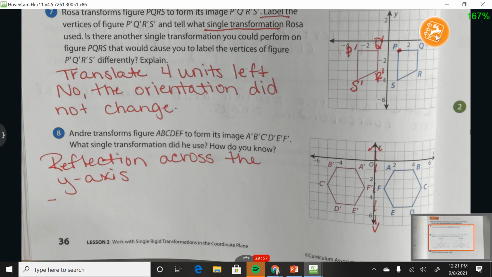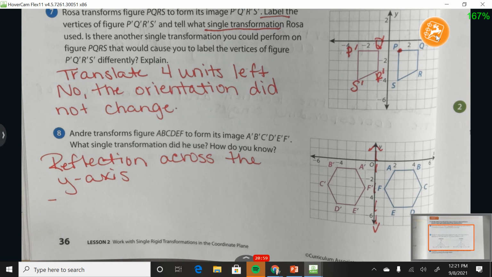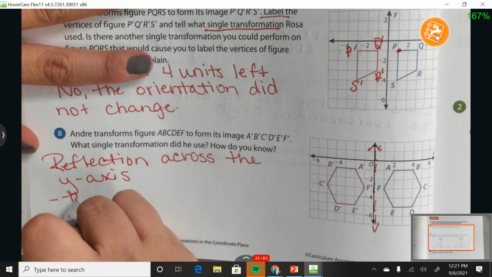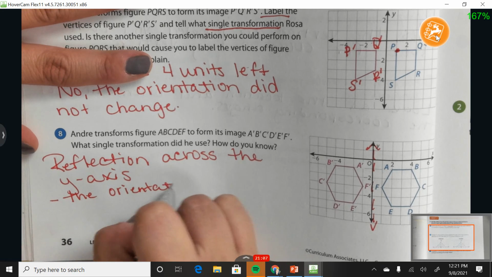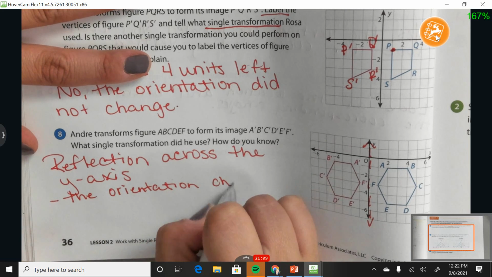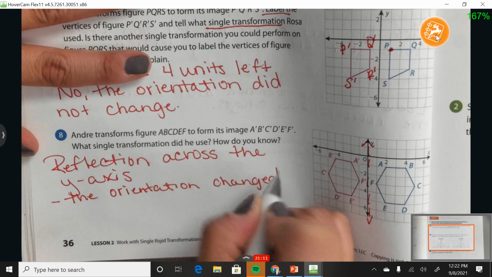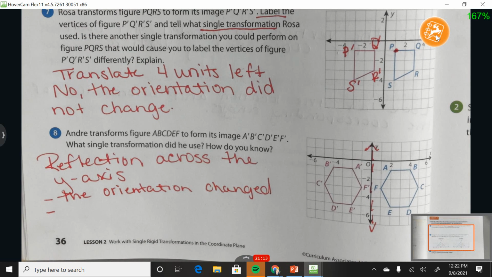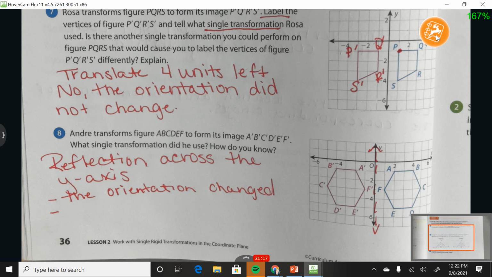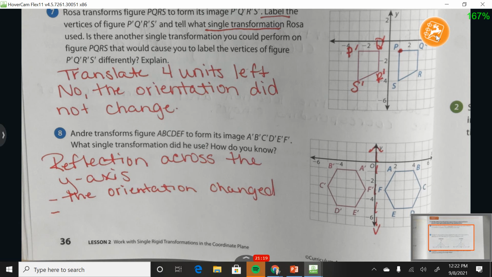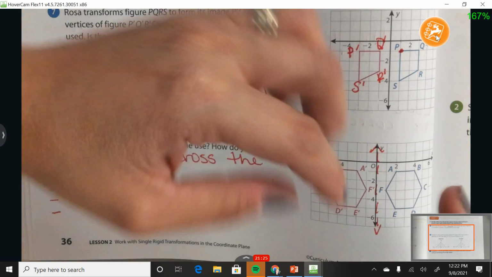First off, we said what changed. What was the first thing we talked about? The orientation changed. Okay, and what else did we know? If we folded the paper, would the vertices line up? Yes or no? If I folded this paper, yes.